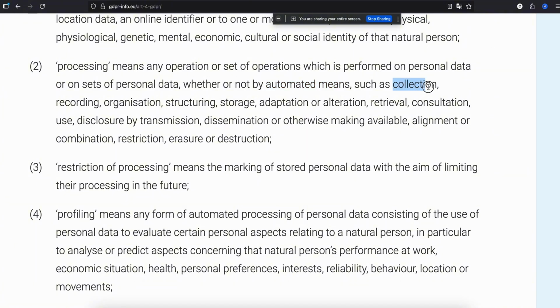So collection is a form of processing. I'm collecting your data, processing your data. I'm recording, I'm storing the data somewhere, that is processing. Organization, I'm sorting your data. I'm structuring your data. I'm storing your data, adaptation or alteration, retrieval, consultation, use, disclosure by transmission, dissemination or otherwise making available, alignment or combination, restriction, erasure.